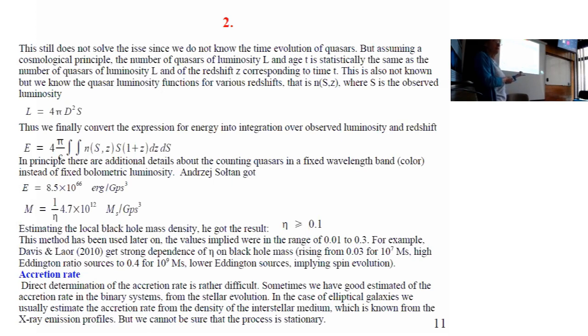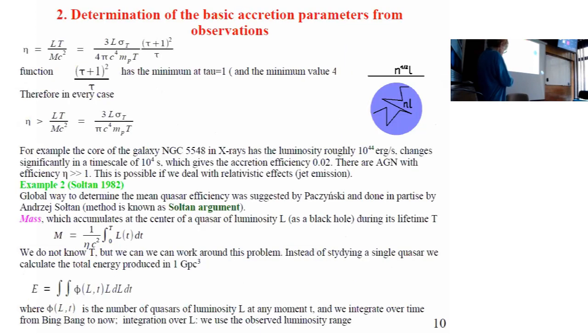You go to distant objects, they are younger, so there is this element of time, but there is redshift. So instead of this quasar, which we were interested in many years ago, and for which we have no idea how the Milky Way looked a billion years ago, we are using another galaxy which is similar, but now it's at a redshift corresponding to one giga-year ago. So instead of integrating over time, which we cannot do, we have no idea how to do it.